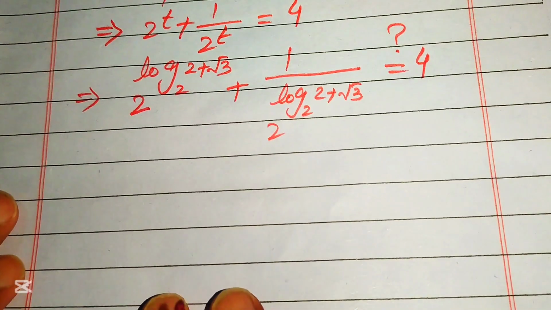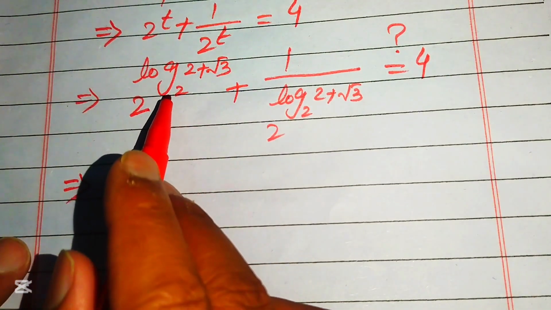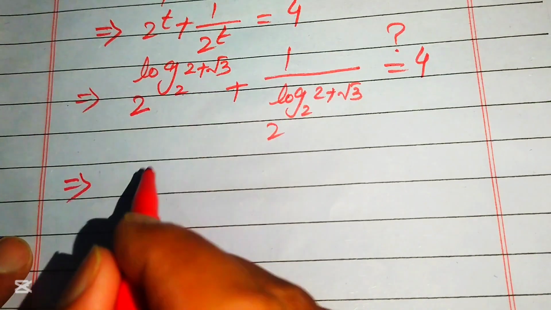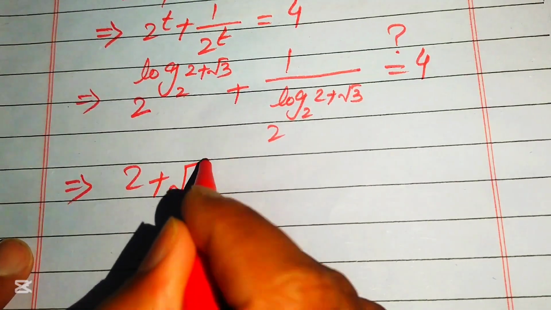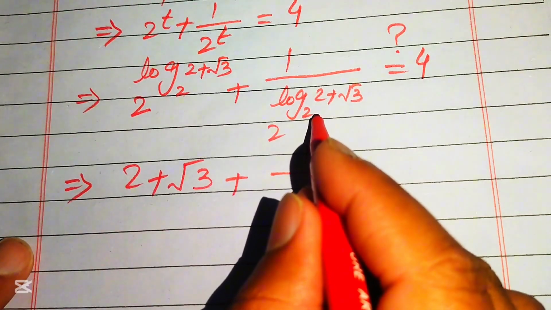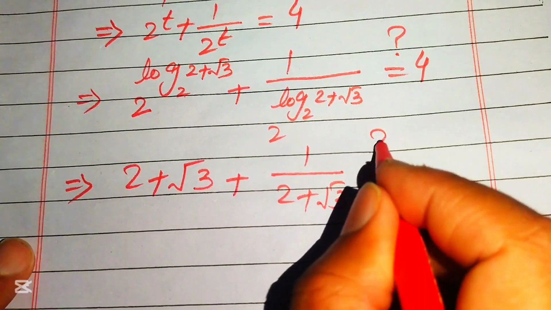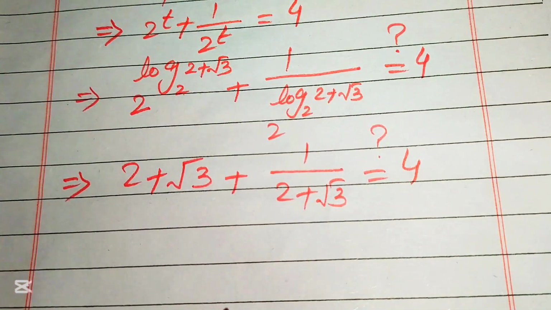Okay, here we can apply the log formula. According to this, the bases are the same, so we write it as 2 plus square root of 3, plus 1 over 2 plus square root of 3, and here our claim is to check whether this equals 4 or not.